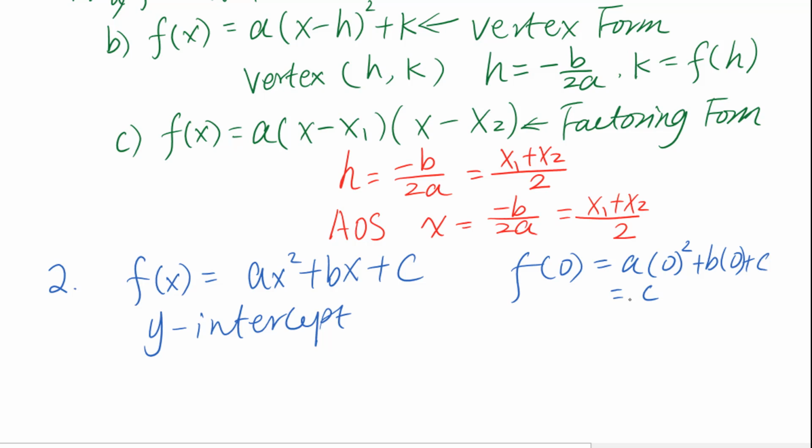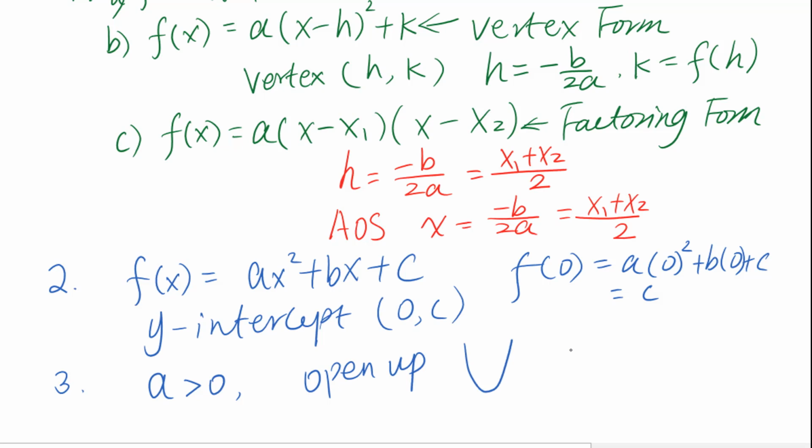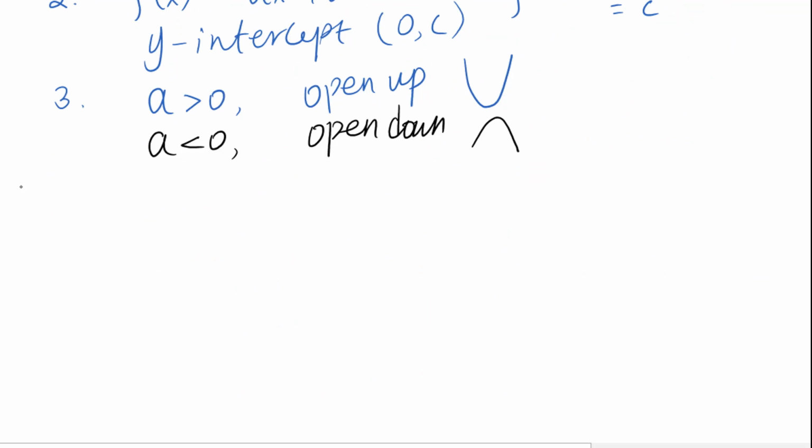So you have a y-intercept will be (0, c). And a third one, for those three forms, if a greater than 0, the graph opens up. And if a less than 0, it opens down.